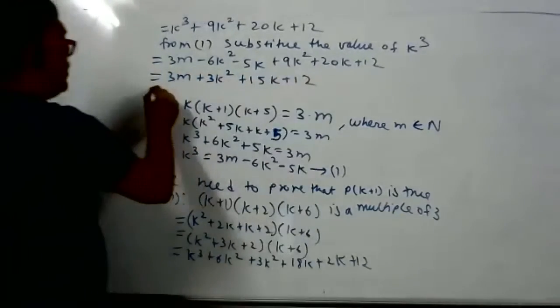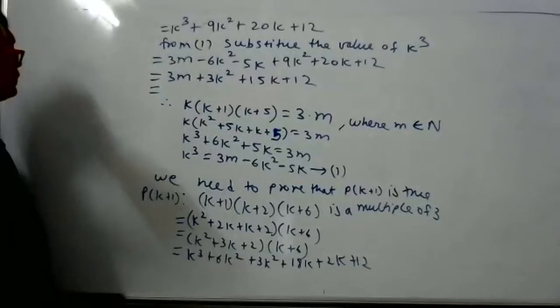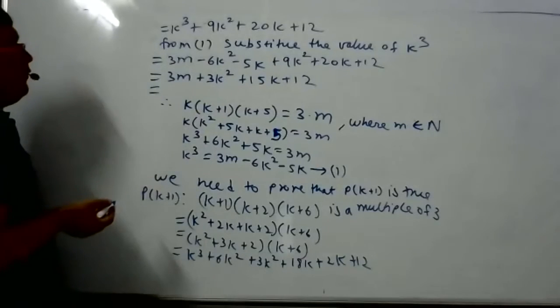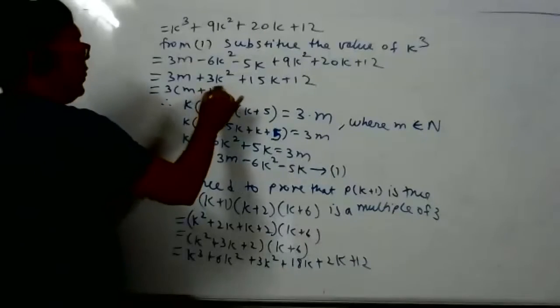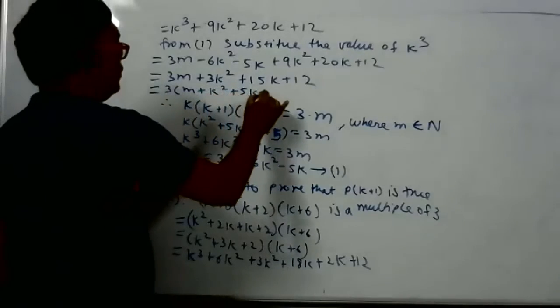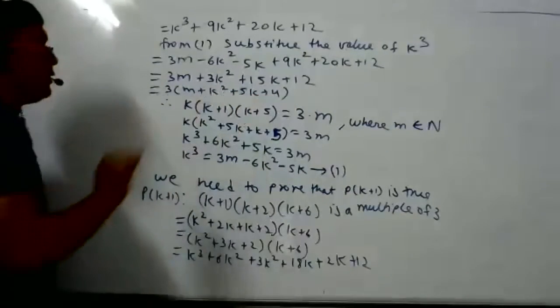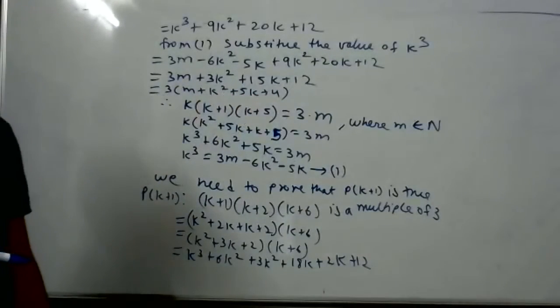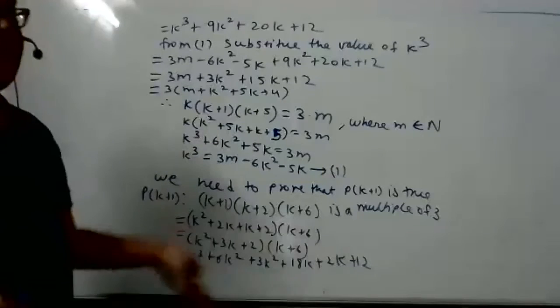What is the common factor, student? 3. 3 went out: M plus K square. So what do you say now? Is this entire expression not a multiple of 3? Sir, it is. 3 into something is a multiple of 3.